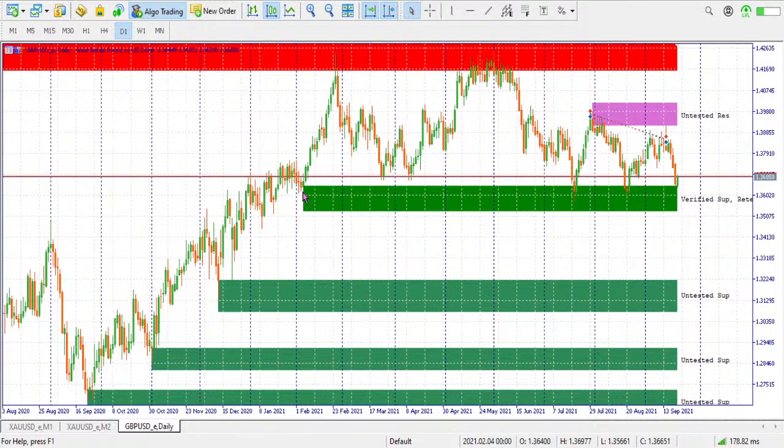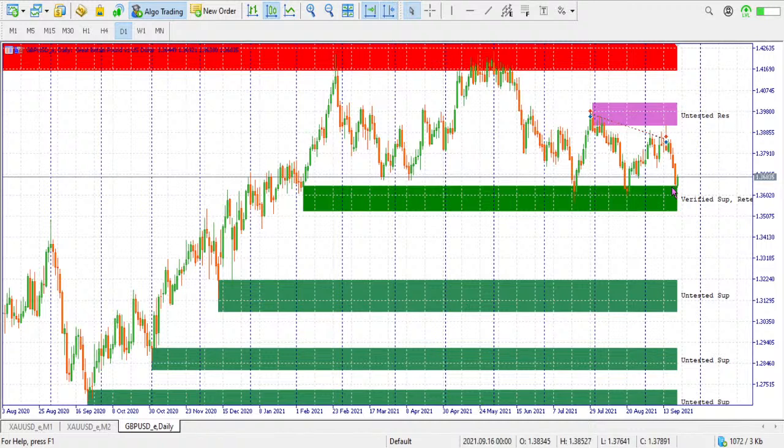It was used here as a support. It was used here as a support. It was used here as a support. And then currently as we're speaking now, the price is touching the same place. So which means we don't expect price to break below this level as it is. Instead, we'd like to see price bounce off from it, continue up at least up to this untested resistance level.